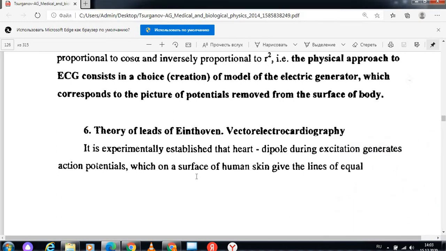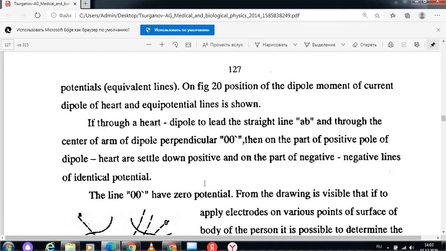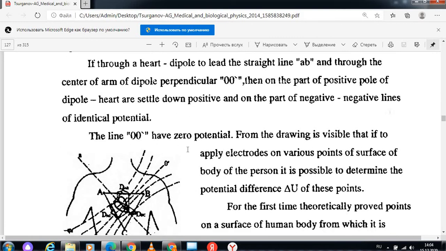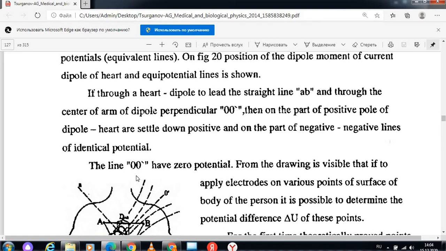The theory of leads of Einthoven is closely related to vector electrocardiography. It is experimentally established that the heart dipole during excitation generates action potentials, which on the surface of human skin give lines of equal potential, equipotential lines. On figure 20, the position of the dipole moment of the current dipole of the heart and the equipotential lines are shown.